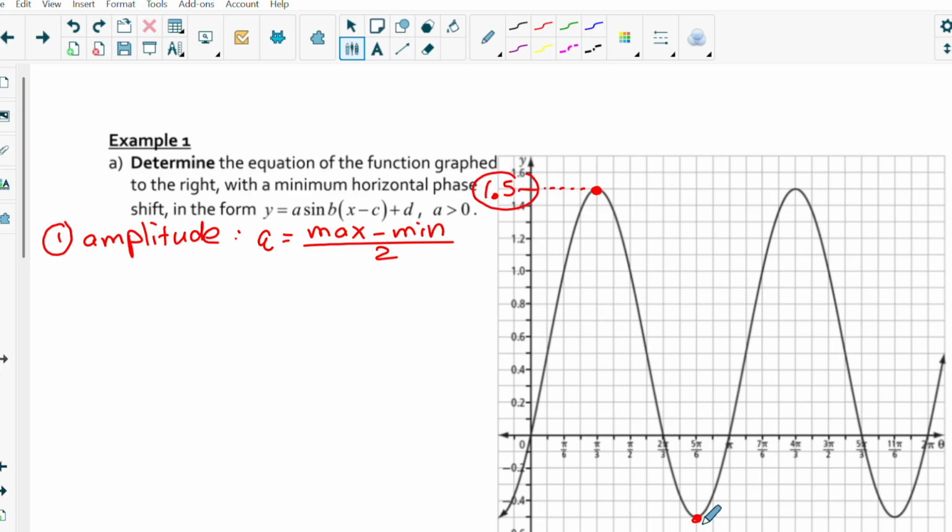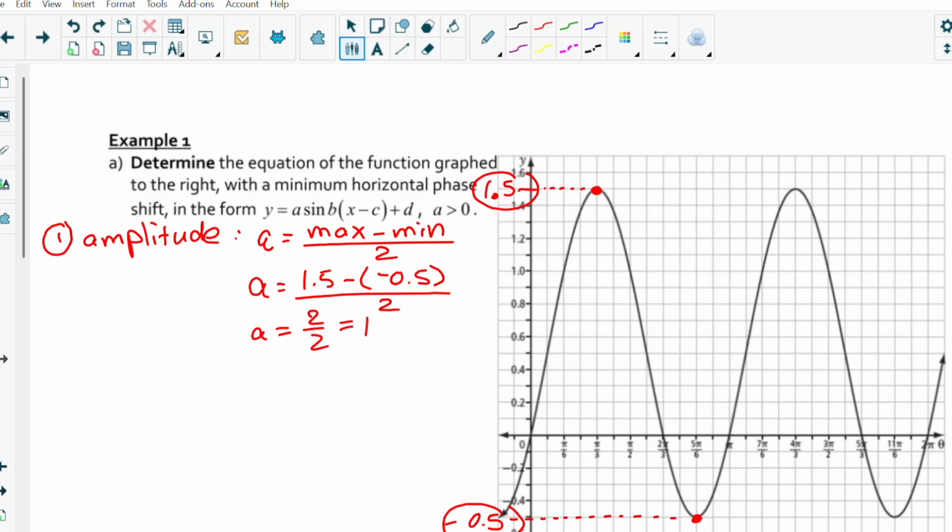Here's the min, negative 0.5. So A equals 1.5 minus negative 0.5, divided by 2. 1.5 minus negative 0.5 is 2, divided by 2, and my amplitude is just 1. So that's one parameter done. A equals 1.